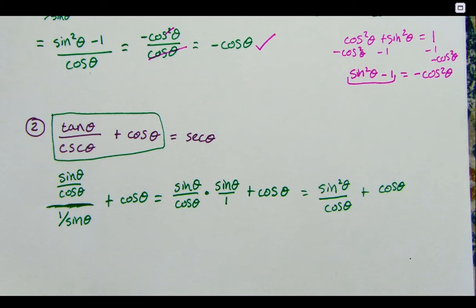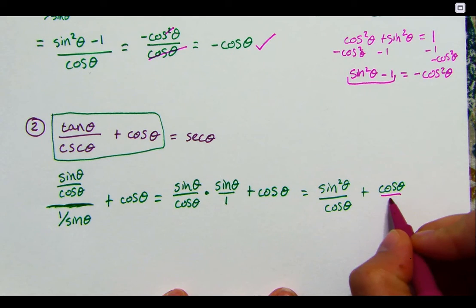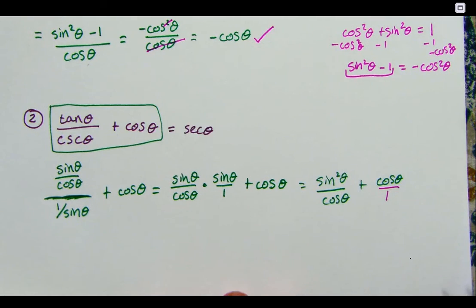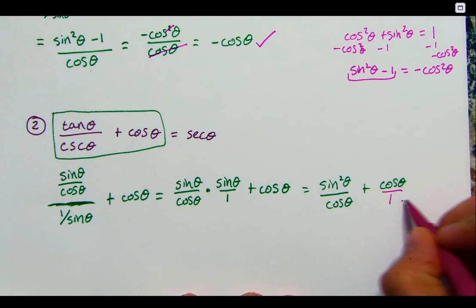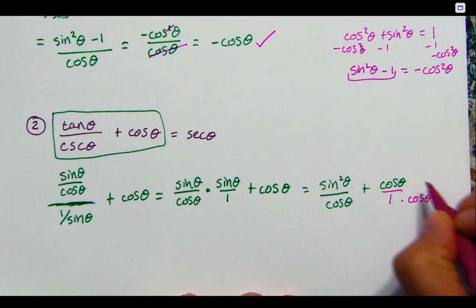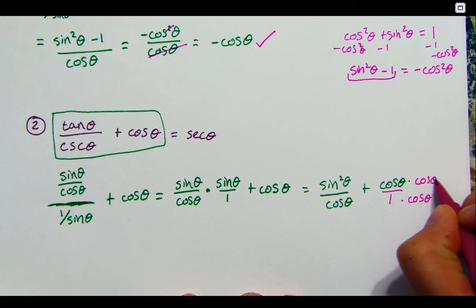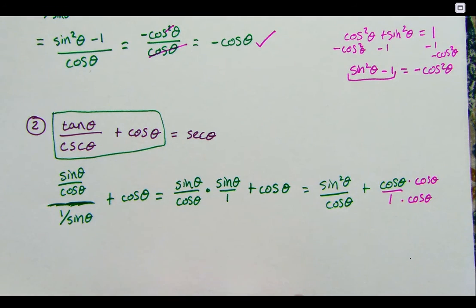Now again, when we have two terms, we want to try to get them down to one term. So I need to think of this as over 1, and then I need a common denominator. So my common denominator is going to be this cosine theta, so I'm going to multiply the denominator and the numerator by cosine theta to get this term to have the same denominator.